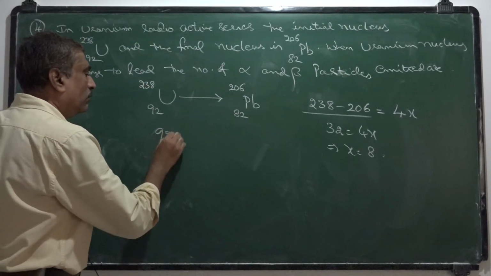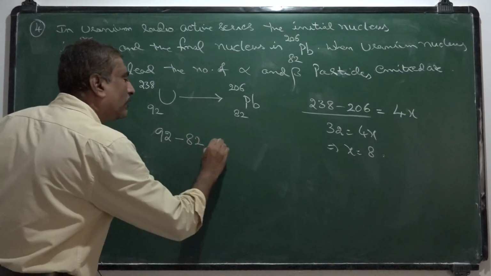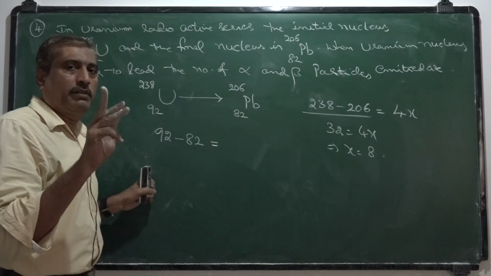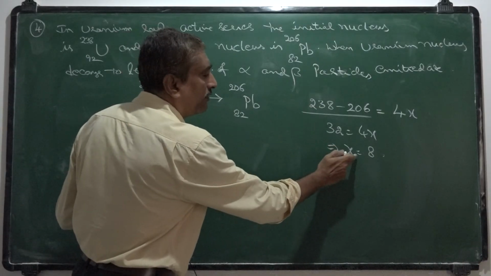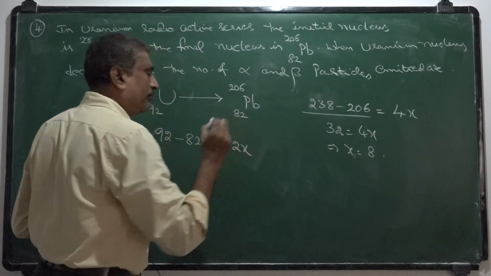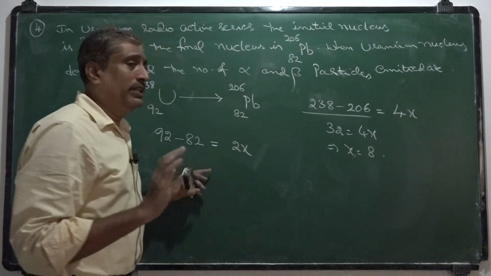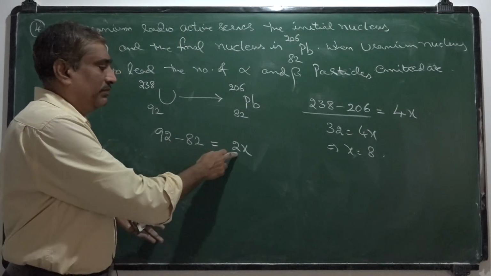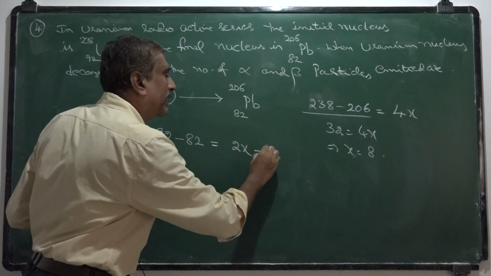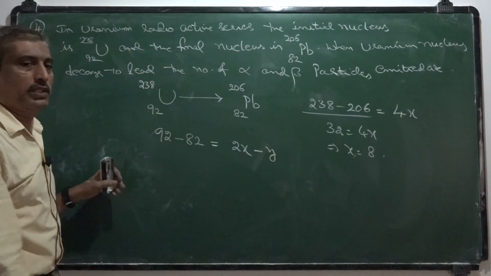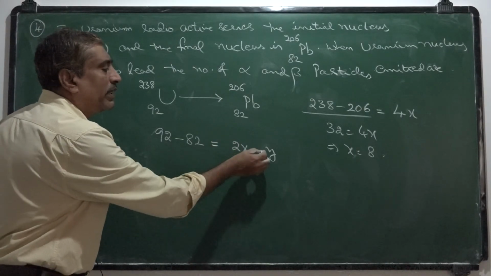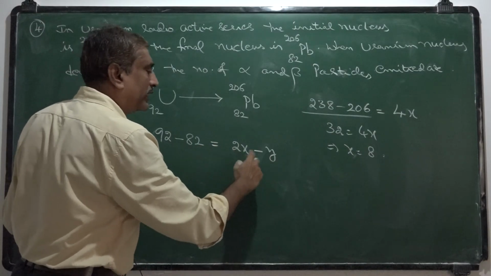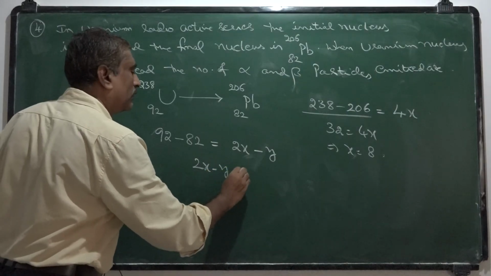So 92 minus 82 is equal to 2x, since we have x alpha decays, and for beta decay, which actually increases the atomic number, we take minus y. So 2x minus y is equal to 10.